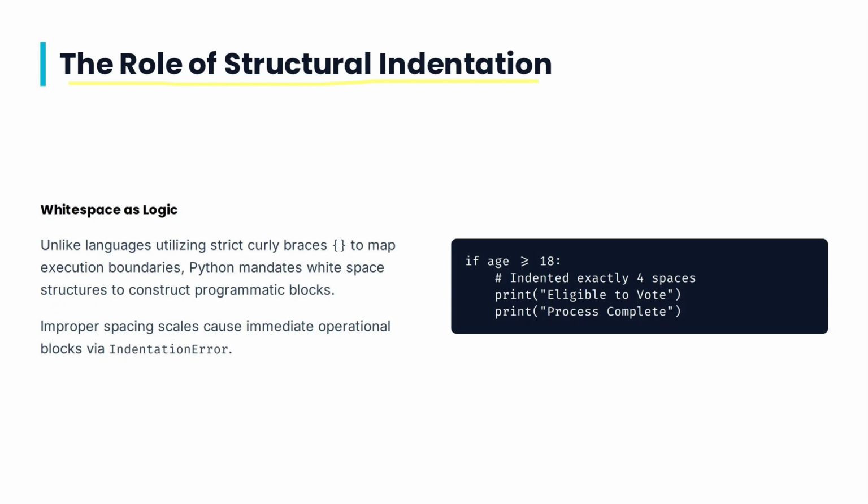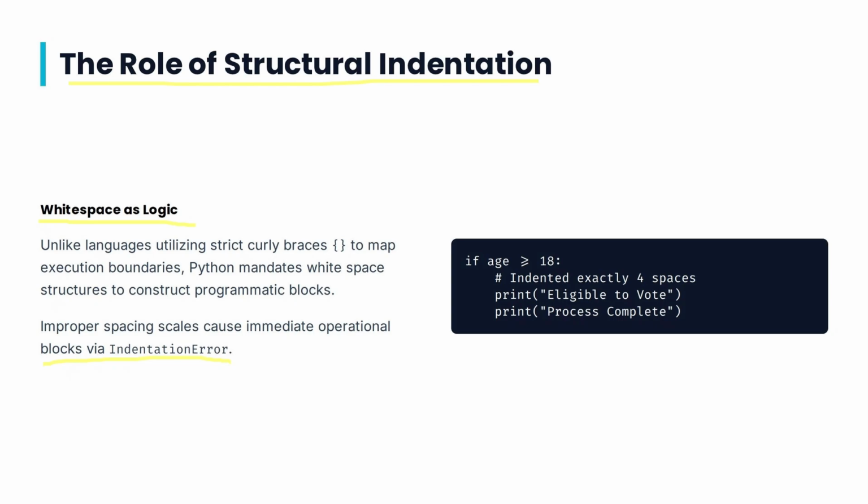So it is a very important part. Whitespace as logic: unlike languages utilizing strict curly braces to map execution boundaries, Python mandates whitespace structure to construct programmatic blocks. Improper spacing causes errors via indentation errors.